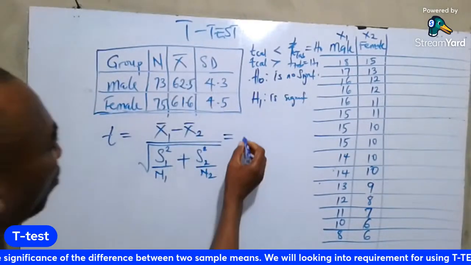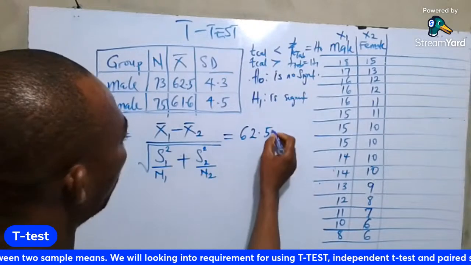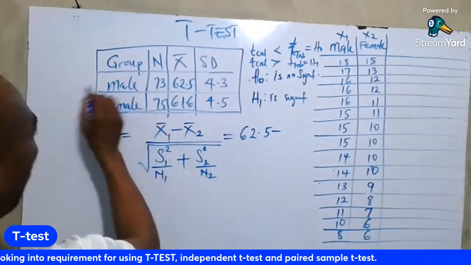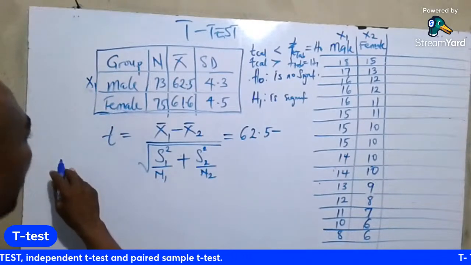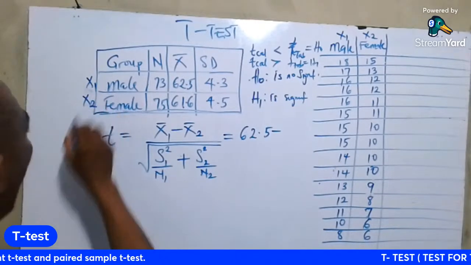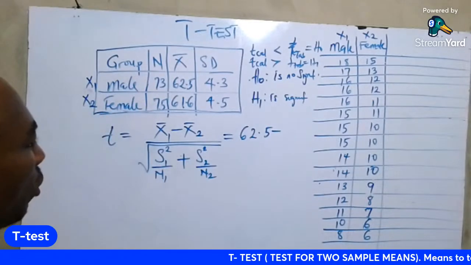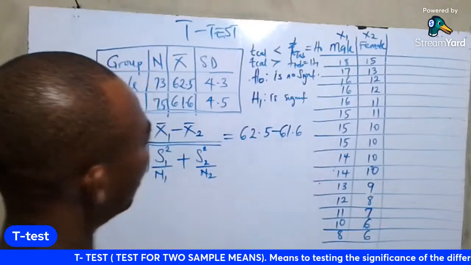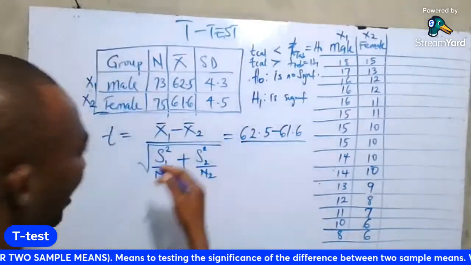So the mean for the first one is 62.5 minus the mean for the second one. So that means I'm taking male as my X1 and female as my X2. That is the first group and this is the second group. So minus 61.6. Now let's take this away from each other and let's come back here.